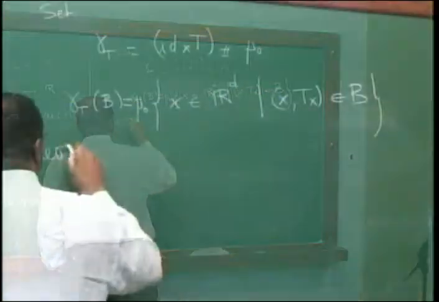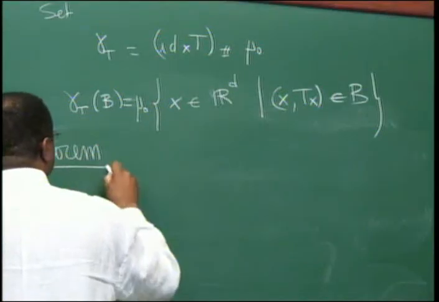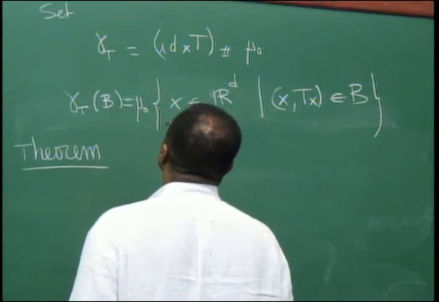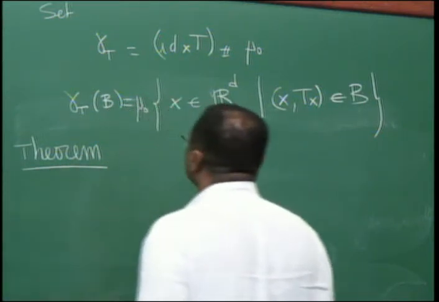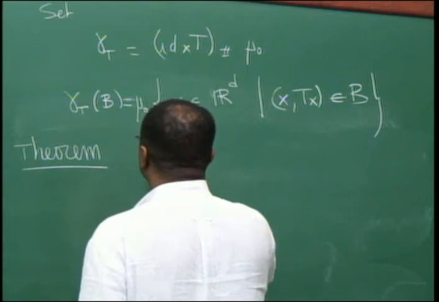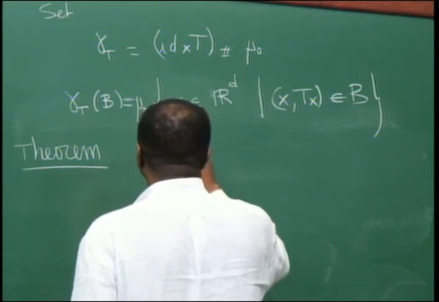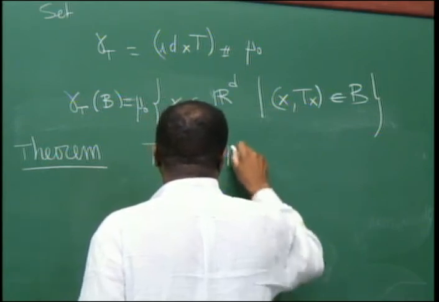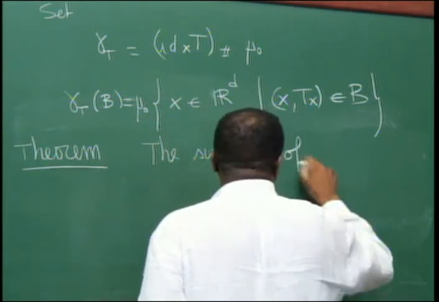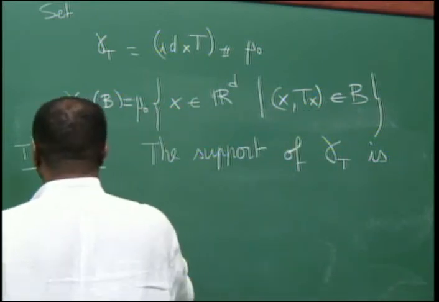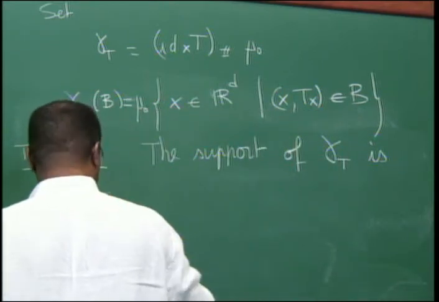Theorem: the support of gamma t is C cyclically monotone under assumption 1.